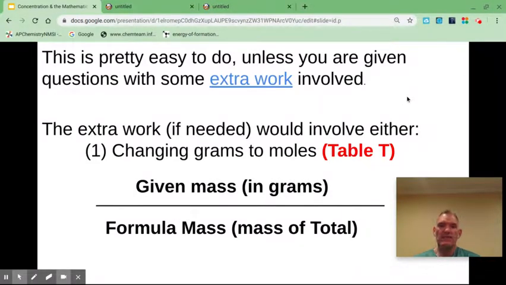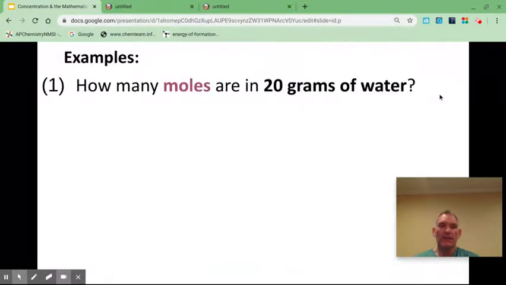All right. So because this is extra work, and you may not remember how to do this, we're going to do some examples doing this part of the calculation first. So here I have a question. How many moles are in 20 grams of water? Now notice it's asking you for moles, and they're giving you grams. So I know it's going to be a find-the-mole question.